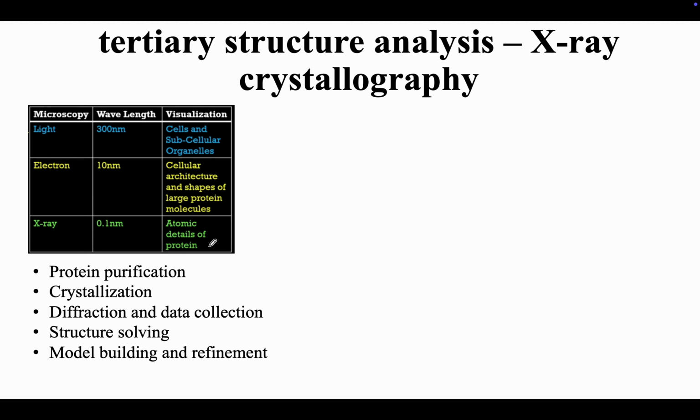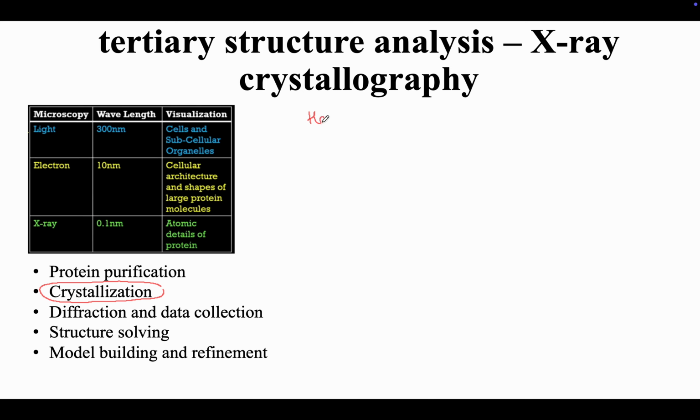So the main steps in X-ray crystallography: first we need to have a purified protein, and with this purified protein we'll do the step of crystallization. The crystallization step is the most important step, where you generate different crystals. These crystals can be generated in the lab by two methods.